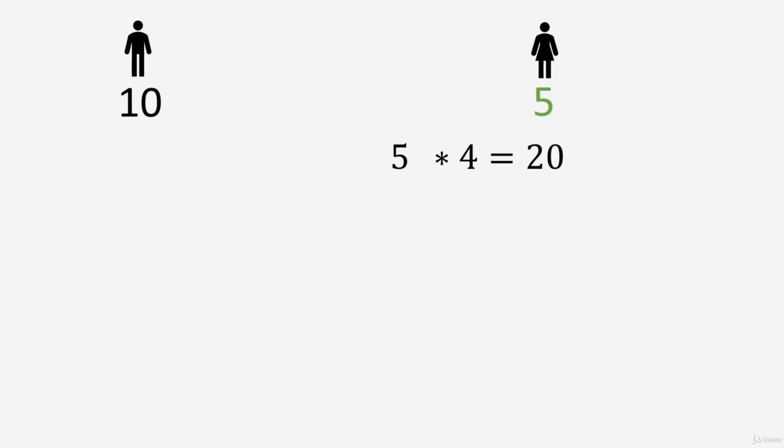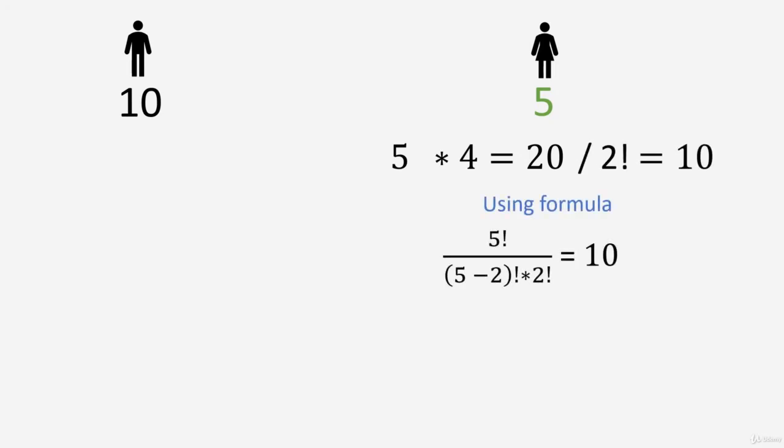But now, we need to get rid of all the permutations that are different only in order. And we will do that by dividing that 20 by r factorial. So that is 2 factorial, and that is 2. So the result will be 10. You have 10 options how to pick 2 girls from 5 when you don't care about the order.